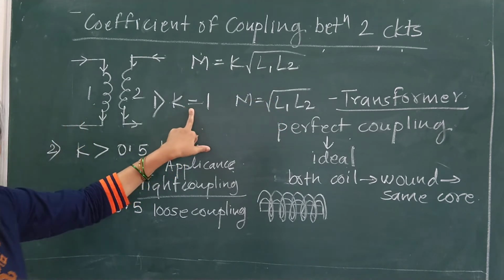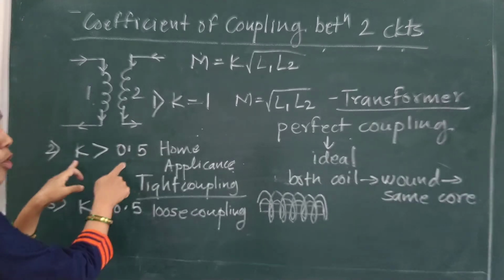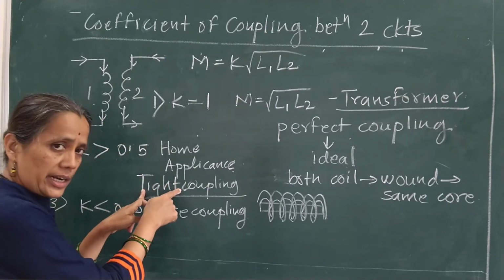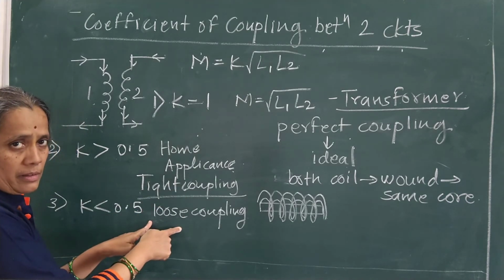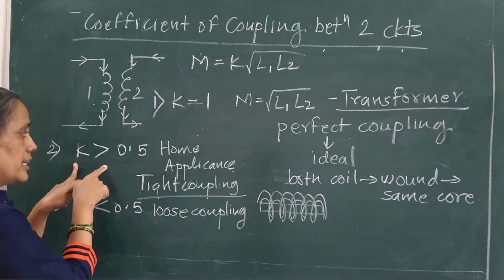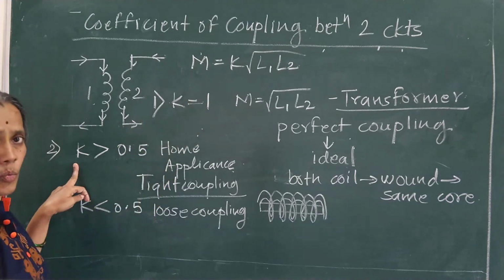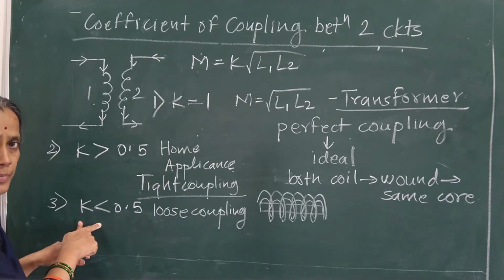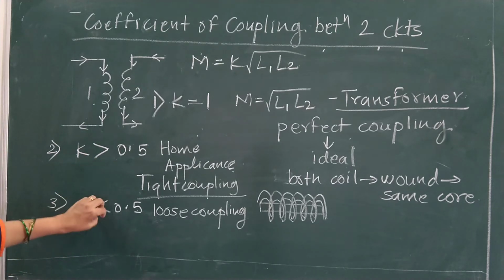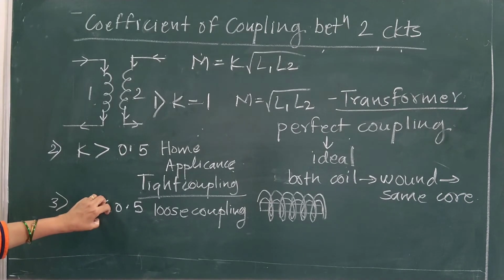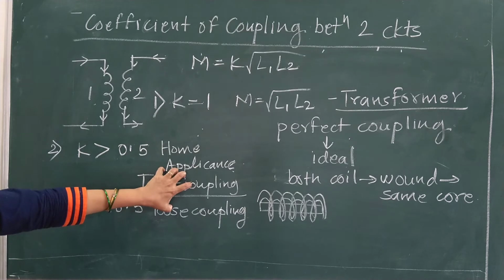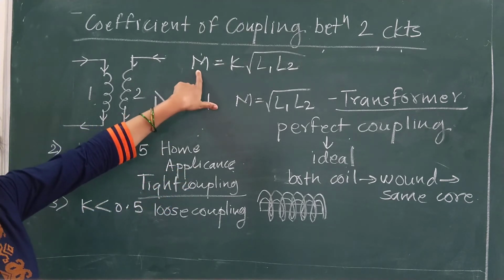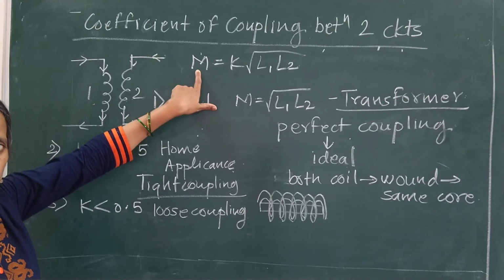Home appliances transformers use coupling which is either tight coupling or loose coupling. So either we want K greater than 0.5 and less than 1, or K must be less than 0.5. Means what? If I reduce the value of K, I can use that in general purpose. If the value of K gets reduced, automatically M value will also go on reducing.